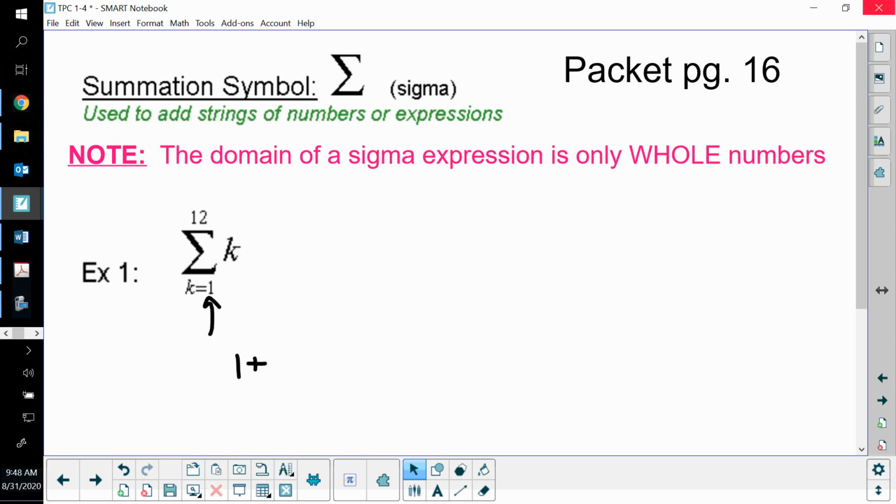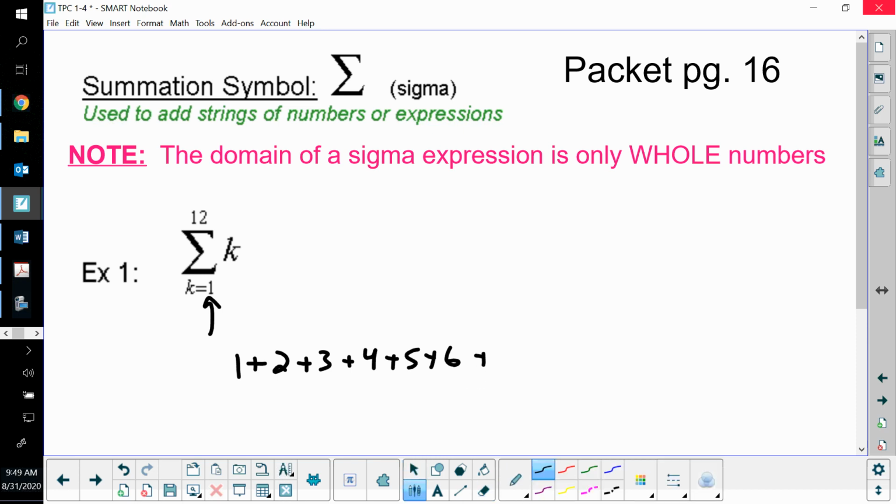So next we'll sub in the next number, which happens to be 2. And then we'll sub in the next number, 3, then 4, and 5, 6. And how do we know when to stop? Well, the last number you should sub in is the number that is on top.